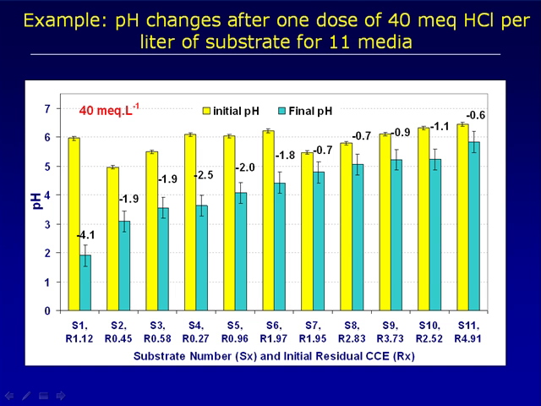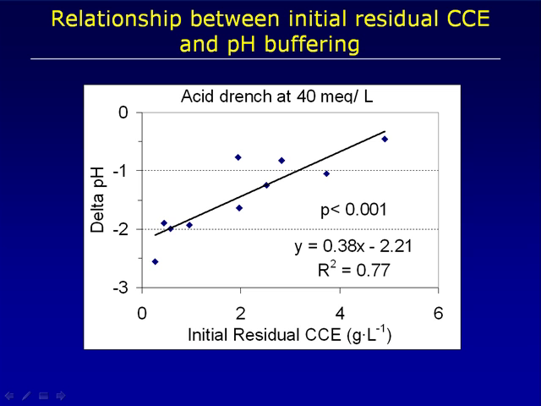On the right hand side, growing media with larger amounts of residual lime. And also as we move from left to right, we see that overall there is less and less effect of the HCl drench in terms of dropping pH. And this graph summarizes that result.